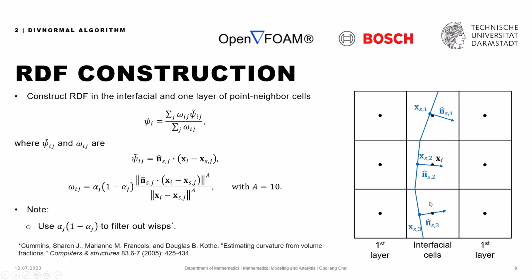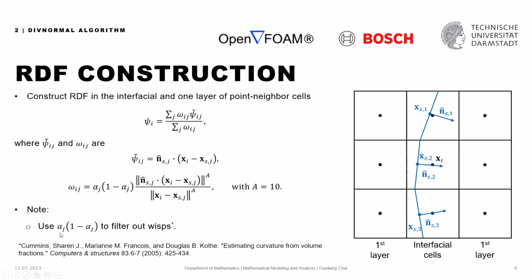In these cells and the first layer of their neighbor cells, we use this equation to calculate the RDF. For this cell, we use this cell and all its neighbors that contain a plate surface to do an averaged sum. And we choose the weight using this weighting equation.